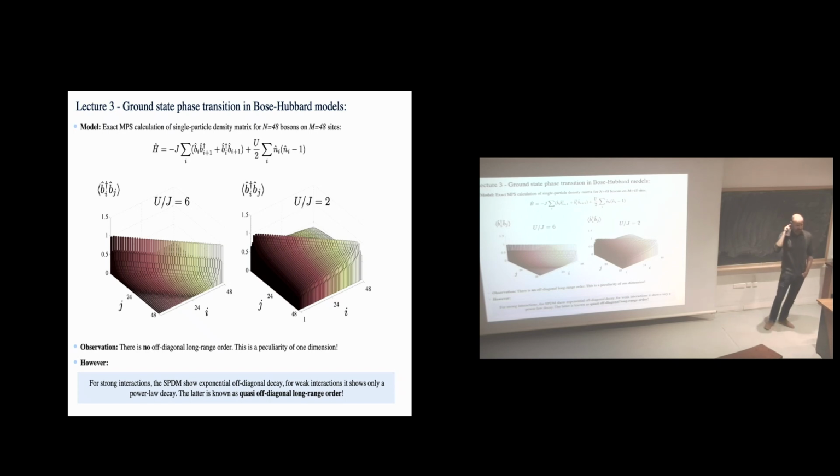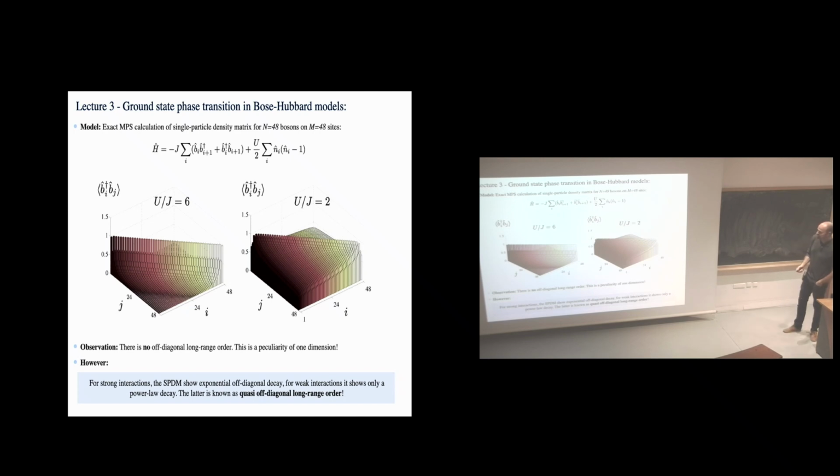If you do your mean field approximation and you go into this superfluid phase, you would expect the off-diagonal elements to be at a constant finite value. Because this implies that you have one macroscopic occupation of one particular mode in your system.